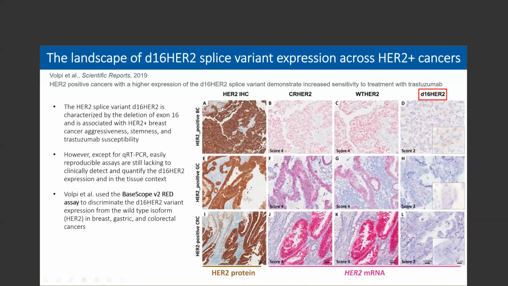But if you compare that to the IHC staining, it was not able to distinguish between the splice variant and the wild type target. Again, highlighting the significance of using a BaseScope assay to identify specific splice variants for patient stratification. Next.